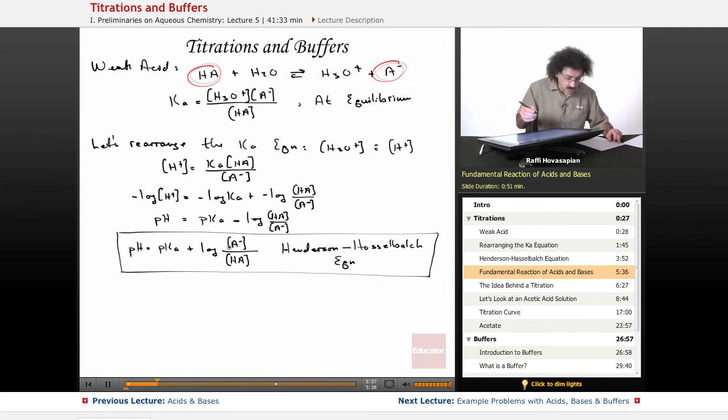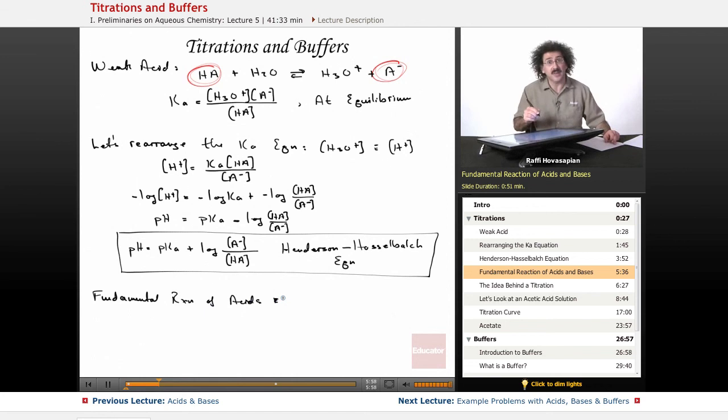Okay, so let me introduce what I call the fundamental reaction of acids and bases, which you already know. You know that if you take an acid plus a base, you get a salt plus water, a neutralization reaction. I tend to call it the fundamental reaction of acids and bases. And we'll use this as a beginning to discuss our titration, because that's what a titration is.